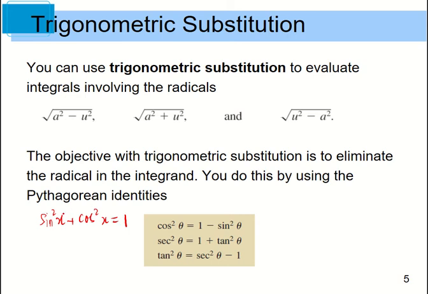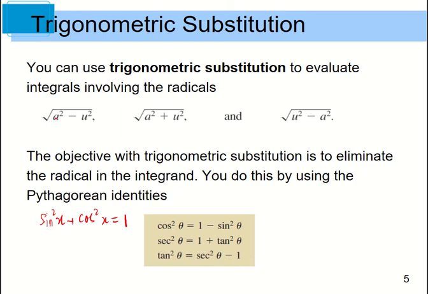So cos square theta is 1 minus sine square theta. And secant square theta is 1 plus tangent square theta. And tangent square theta is secant square theta minus 1. We are going to use these to apply to the radicals here.